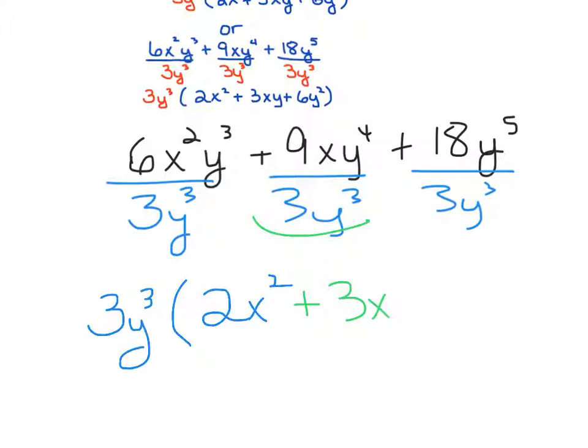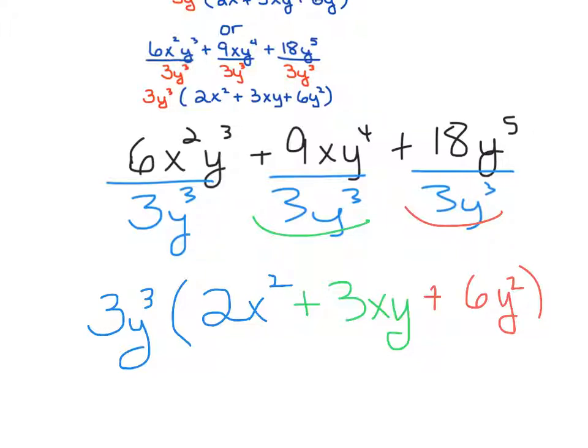And then remember, when you divide variables that have exponents, you subtract them. So here I'm left with a y. And then finally the last term, 18 divided by 3 is 6. And then y to the fifth divided by y to the third is y squared. And that would be your final factored answer.